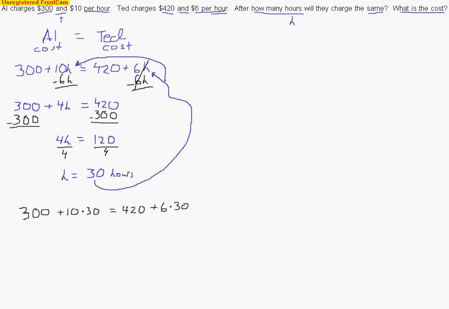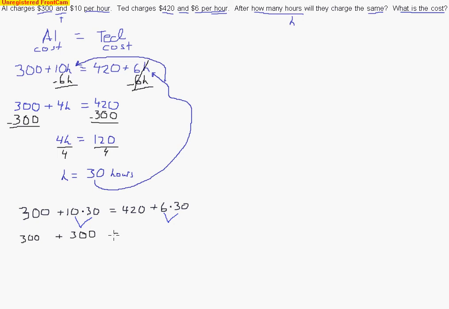And so when we go ahead and do some work there, multiply these two terms first. When we do that, we still have this 300, and we're going to end up adding 300 as well here. This 30 times 10 makes the 300.